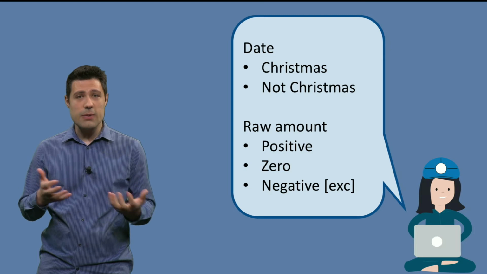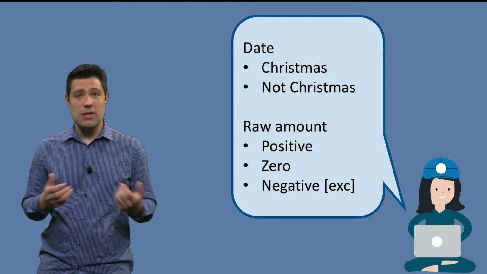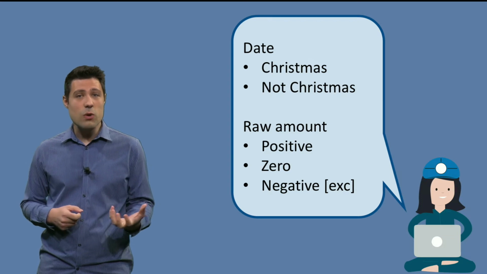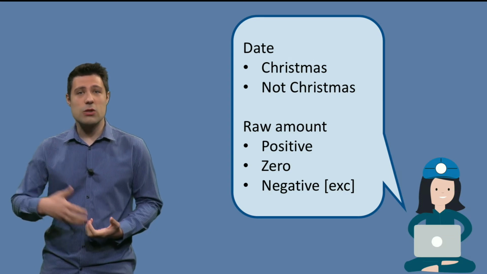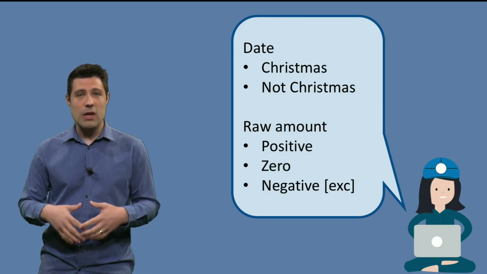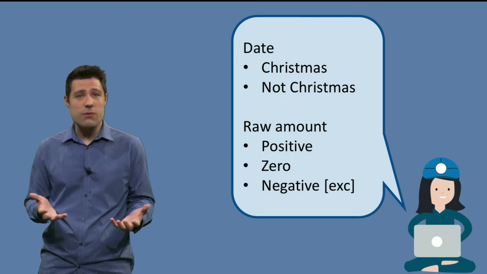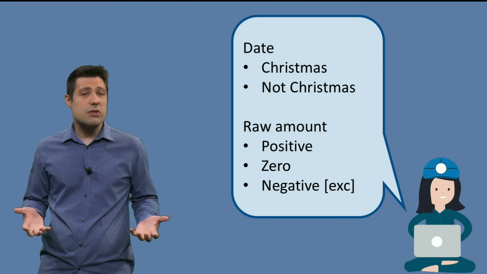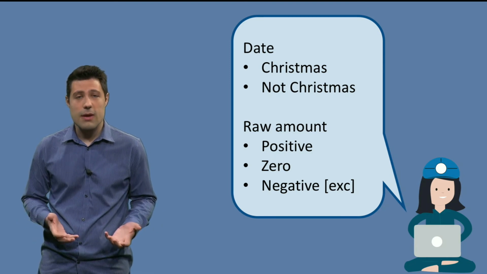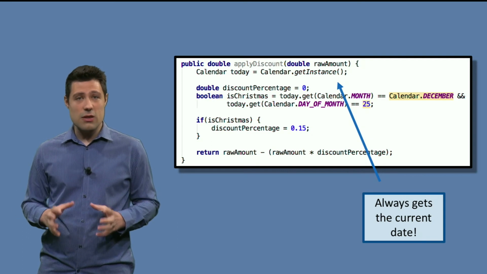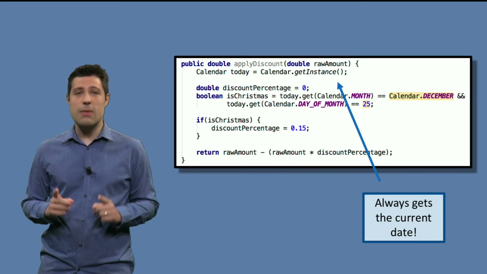So we do all the combinations, and then we have all the tests we need to do. So this means in one test, the date will be Christmas with positive number, not Christmas with positive number, and so on and so forth. So from the test case design perspective, we kind of don't care how our code is implemented. But then, when it goes to automating the test and writing a JUnit test for this, implementation matters.